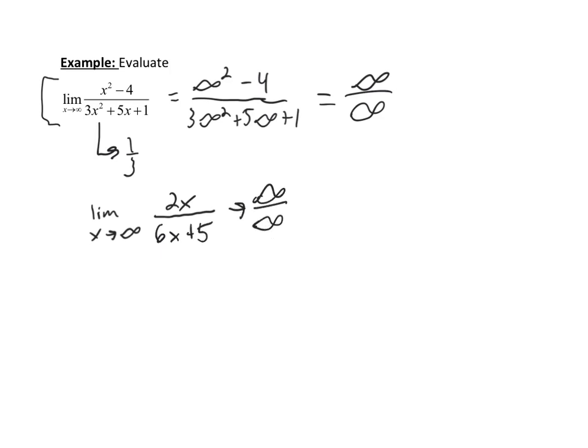If that's the case, because it's still infinity over infinity, we can repeat the rule again. Now we're going to do the limit as x approaches infinity of the derivative of the top, which is 2, over the derivative of the bottom, which is 6. 2 over 6 is just a constant, which is 1/3. So we get what we would expect, which is 1/3.